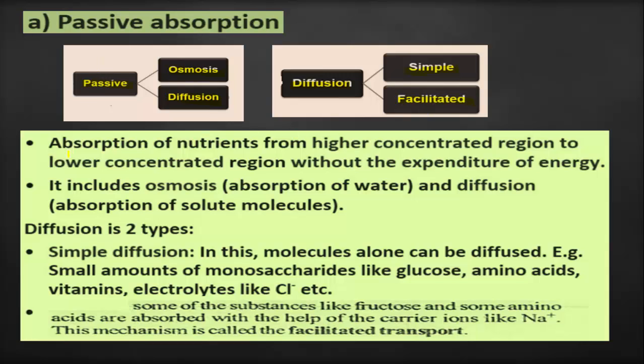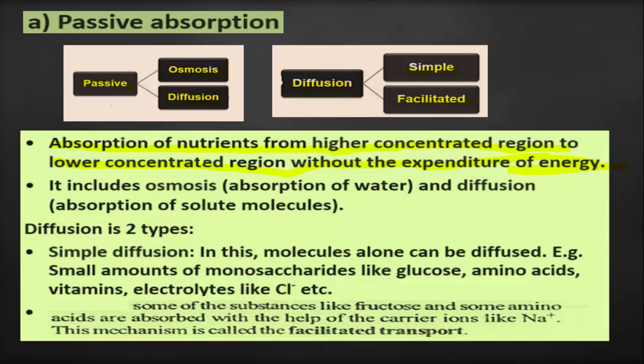In passive absorption, nutrients move from a higher concentrated region to a lower concentrated region without expenditure of energy. The molecules present in the higher concentrated area move towards the lower concentrated region without any expenditure of energy. This is called passive absorption.